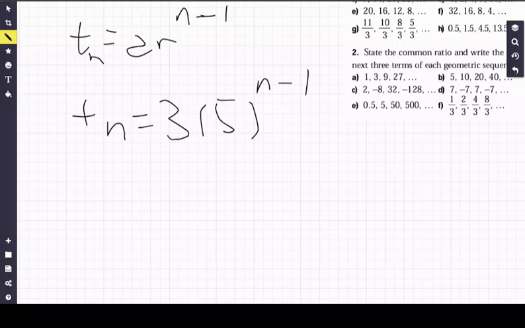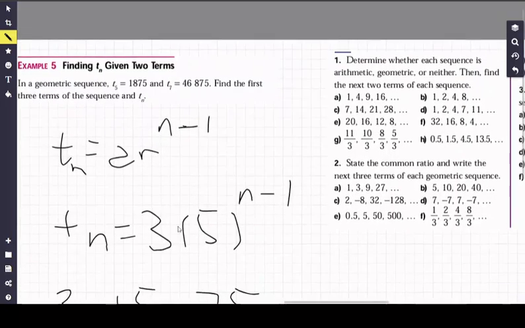So the first term, n equals 1, so 1 minus 1 is 0, 5 to the 0 is 1, so it equals 3. Then we multiply by 5, which is 15. Then we do 75. Right, first 3 terms.